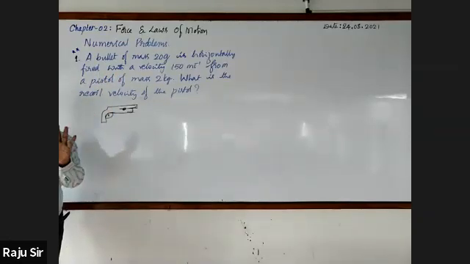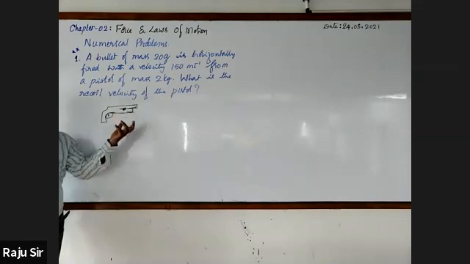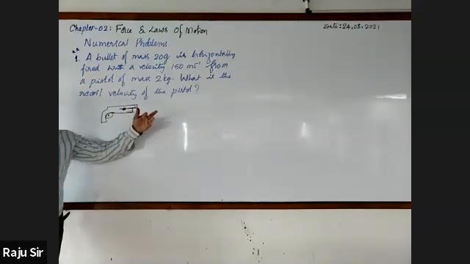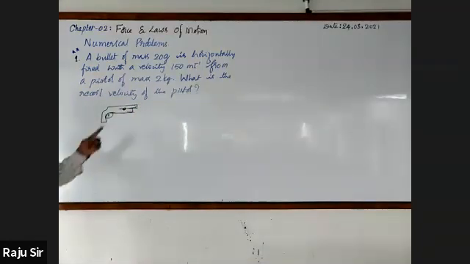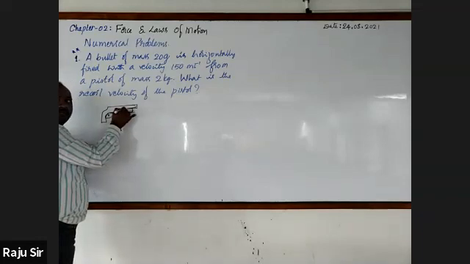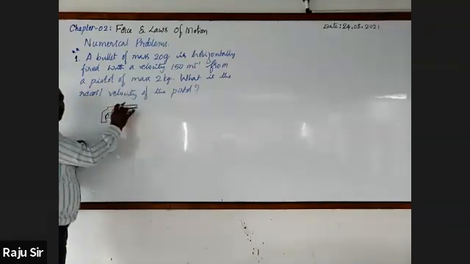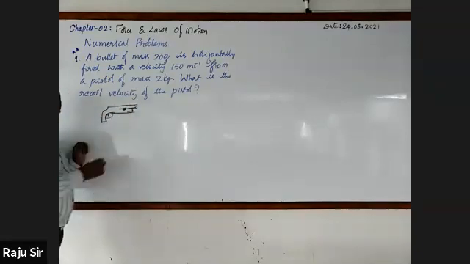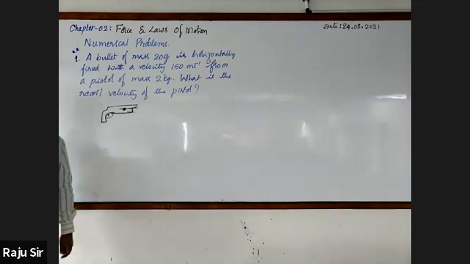One situation is before firing, and another situation is after firing. Could you tell what this is? This is the bullet. And what is this? The muzzle of the pistol.